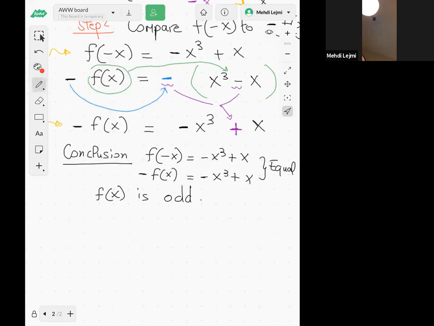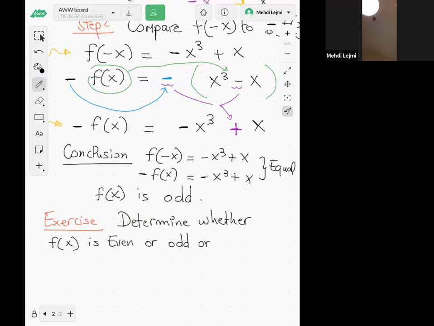I'm going to give you a couple of functions, and you need to determine whether the function f is even, or odd, or neither.